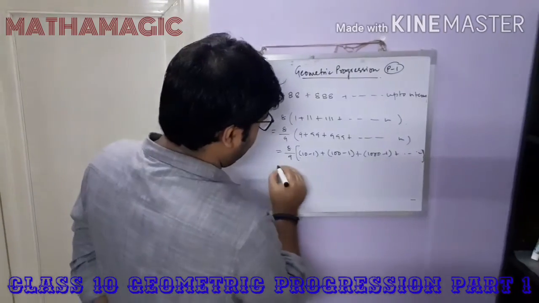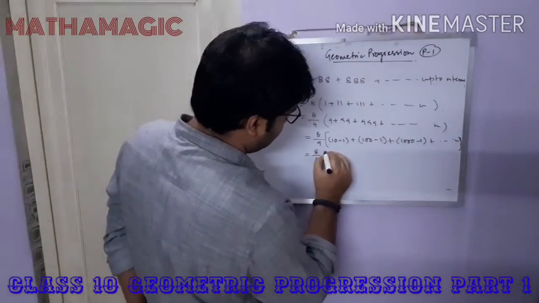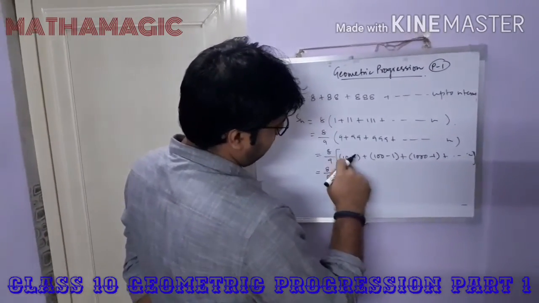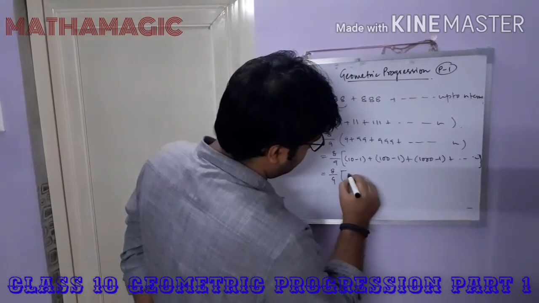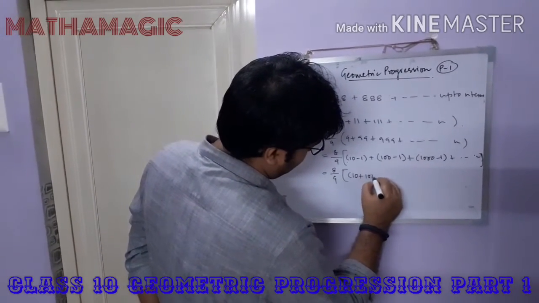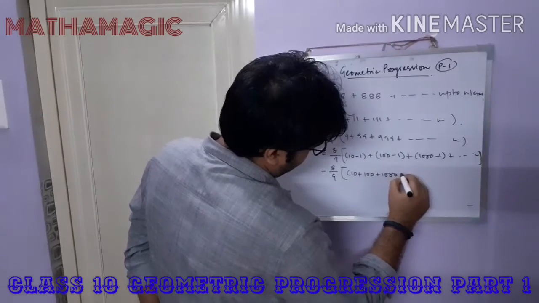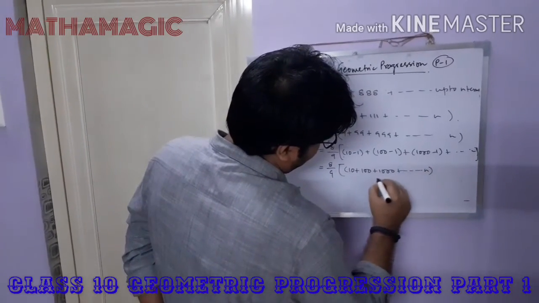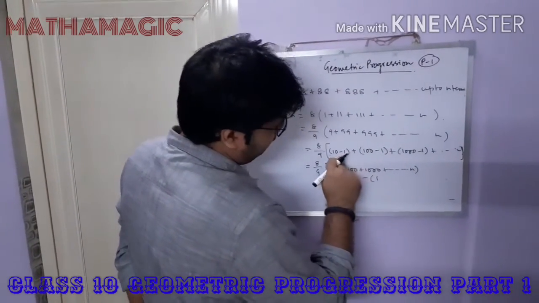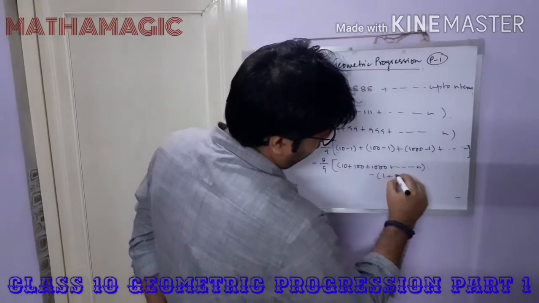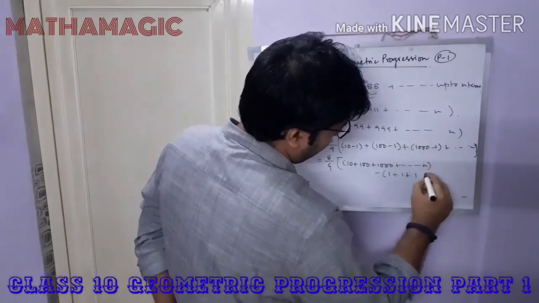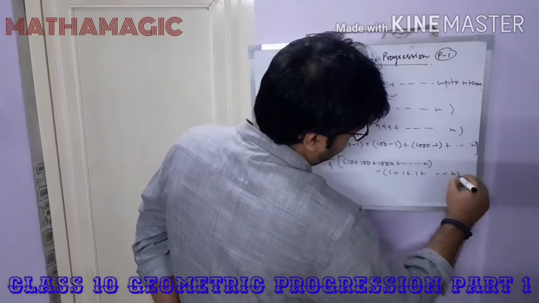So for the next step, we will just separate these terms, that is 10, 100 and 1000. We will write it like this: 10 plus 100 plus 1000 up to n terms. Then minus of 1. If we take minus common, then 1 plus 1 plus 1, for each term you will get 1, up to n terms.